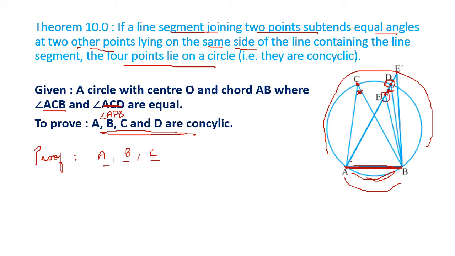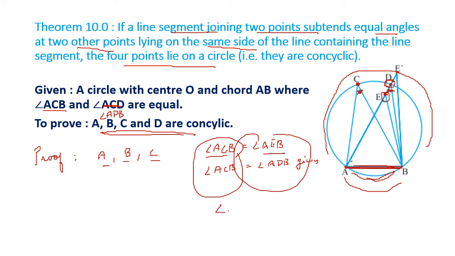So if E lies on the circle, then angle ACB equal to angle AEB. Why? Because if the points are lying on the circle, same arc, then it always makes equal measures. But we are given angle ACB equal to angle ADB. This is given. Now this is only possible when angle AEB is equal to angle ADB.